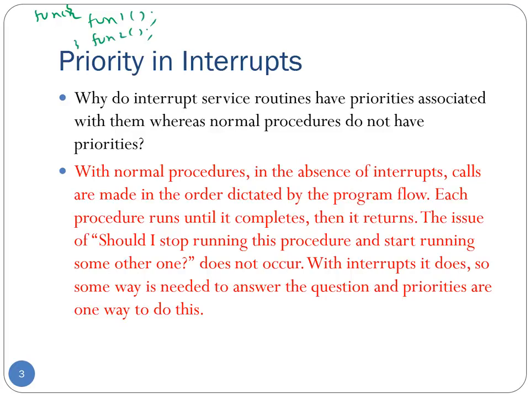So the way this works is when your code reaches the fun1 call, it will jump to function fun1 and execute it completely. Whenever fun1 completes, it will return, and then it will start executing the next function, fun2. Whenever fun2 finishes, it will return and start executing the next line of code in the function fun.